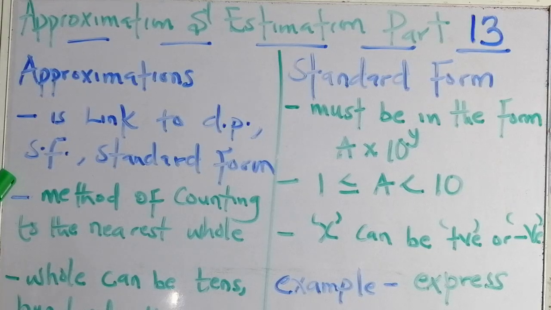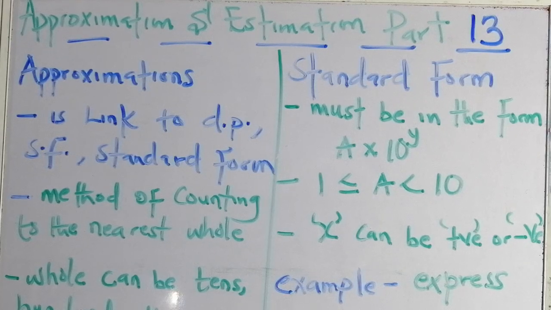The same thing applies to significant figure, that's s.f. Then the last one maybe standard form, which we'll also mention in this part. So it is linked to that, so they can say round off. That round off can be in form of decimal places, significant figure, or standard form. The next point you need to note here is the method of counting to the nearest whole number.